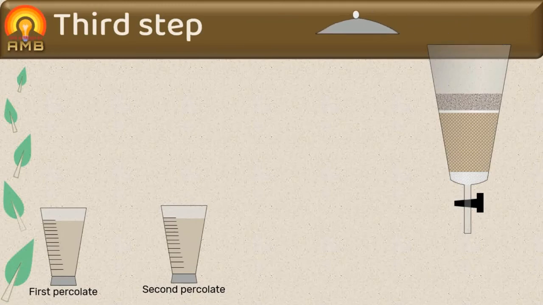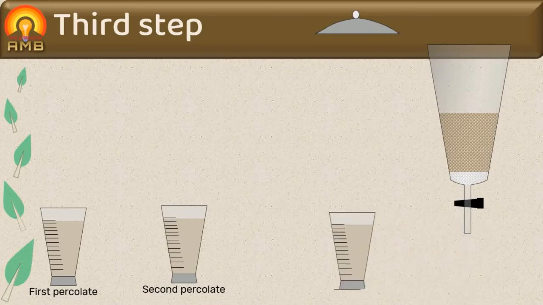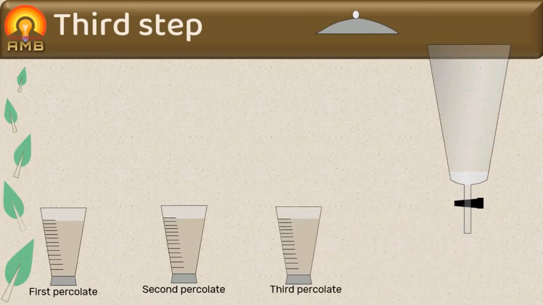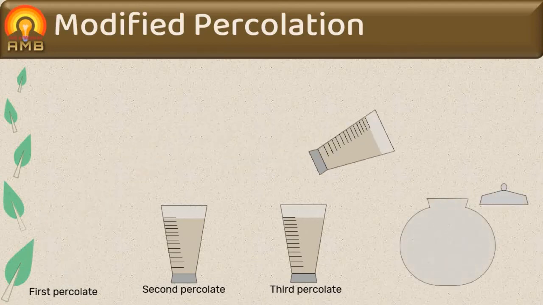In third step also, the same drug is macerated for another 12 hours and percolated till 1000 ml of percolate is obtained. Percolate obtained from all 3 steps is mixed to get concentrated extract.